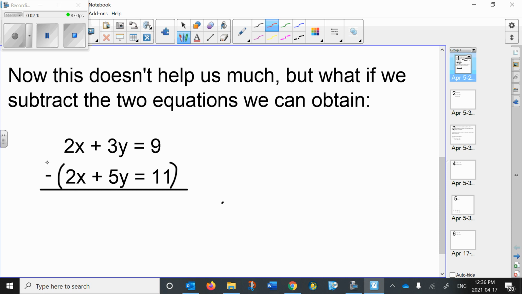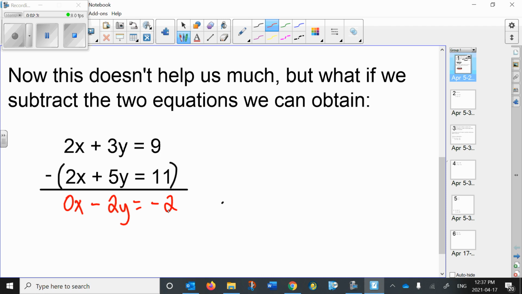So 2x minus 2x, I get 0x, because 2 minus 2 is 0. 3 subtract 5, I'm going to get a minus 2y. And then 9 minus 11 is going to give me -2.